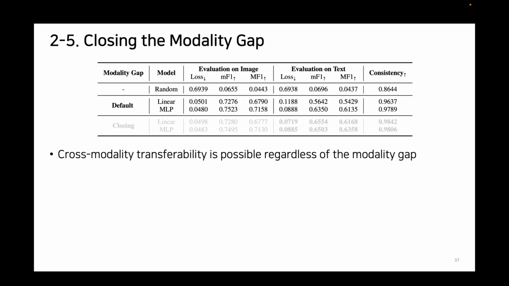In this result, the results show that the cross-modal transferability is possible regardless of the modality gap. For the visual classifier, when we evaluate on image or text, they show similar performance regardless of the modality.